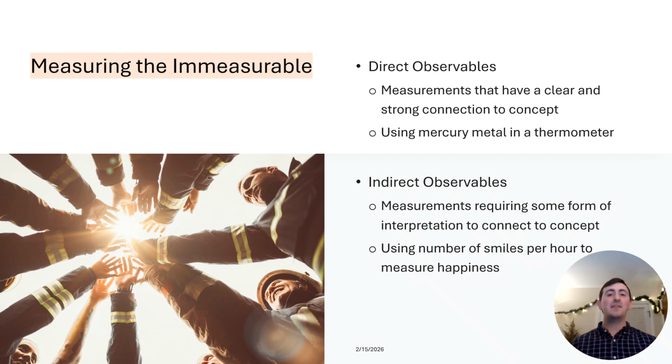So it takes a bit of interpretation, a bit of discussion. Maybe it takes more than one indirect observable to really measure happiness. But that's why it's considered indirect, because you need some form of angled or around-the-side approach to really get at something as complicated and layered as happiness. So again, we have direct observables and indirect observables.